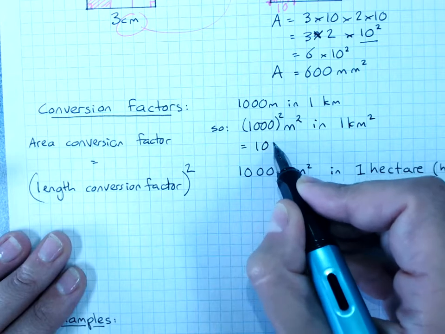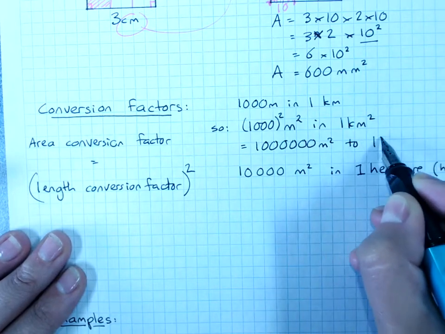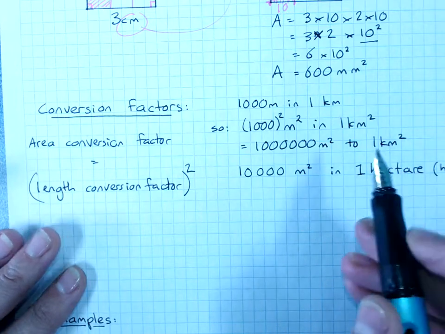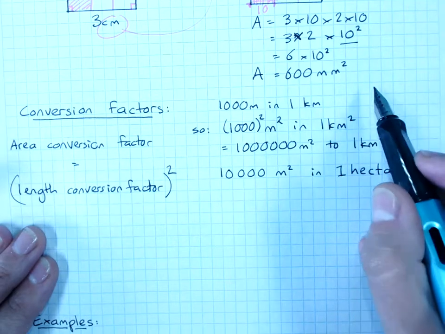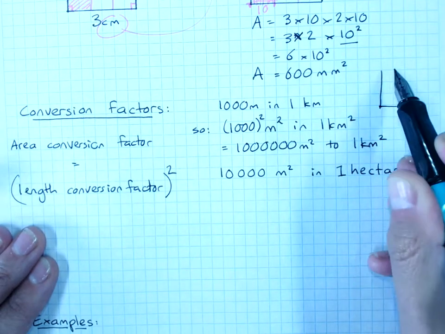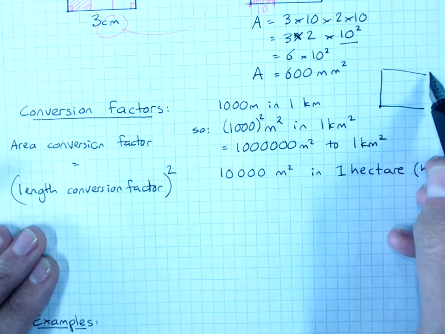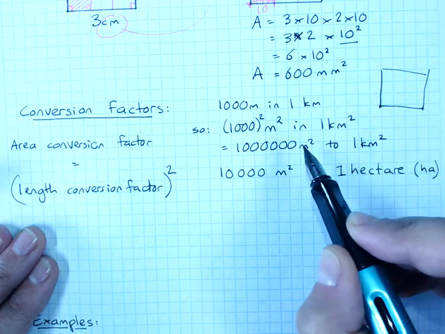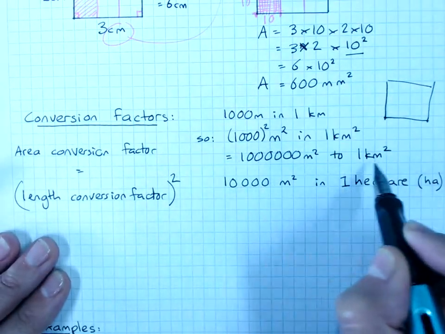That means 1,000,000 meters squared to 1 kilometer squared, because a kilometer is 1,000 meters, and that would be a square of 1,000 meters by 1,000 meters. The area of that in meters would be 1,000 times 1,000, 1,000,000 meters squared. So there is our first area conversion.